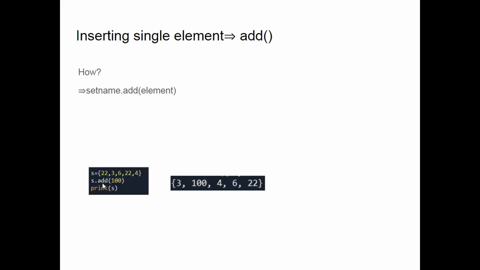We want to add 100. This differs from the list function append, which adds at the end of the list, but with the add function it can be inserted anywhere in the set.